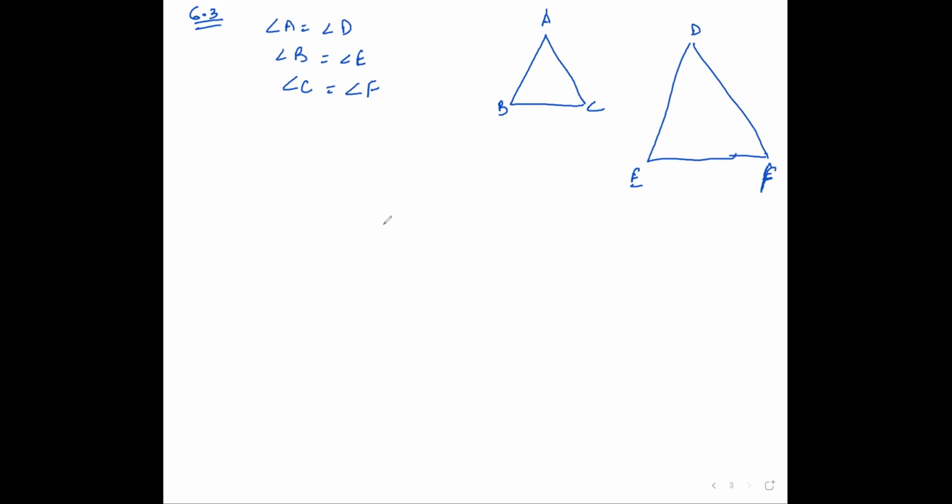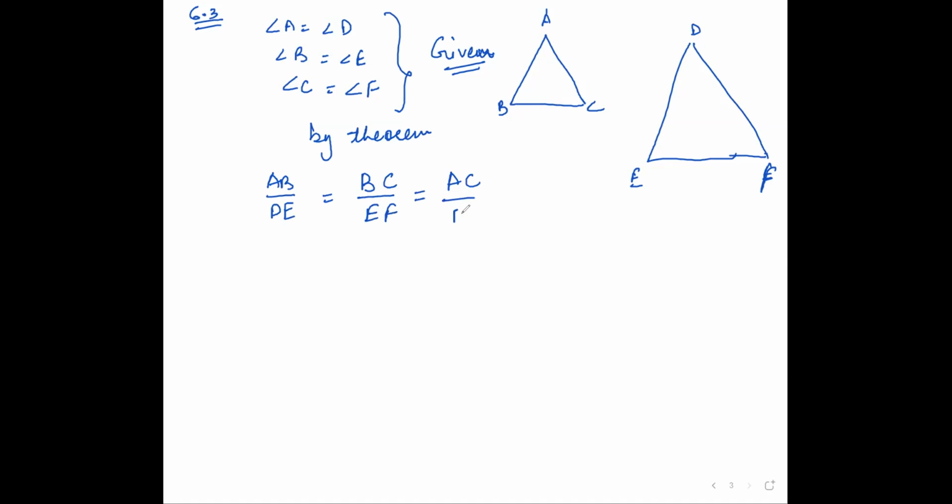So basically, this is the theorem. By the theorem, the sides will come out to be in proportion: AB upon DE will be equal to BC upon EF will be equal to AC upon DF.